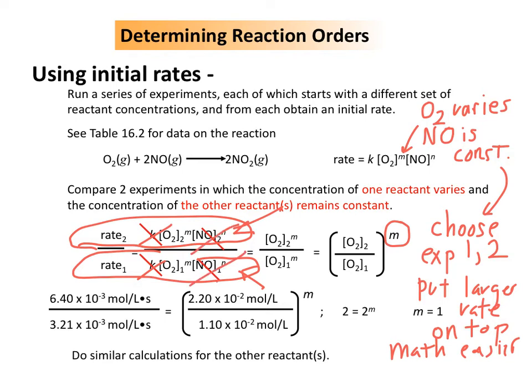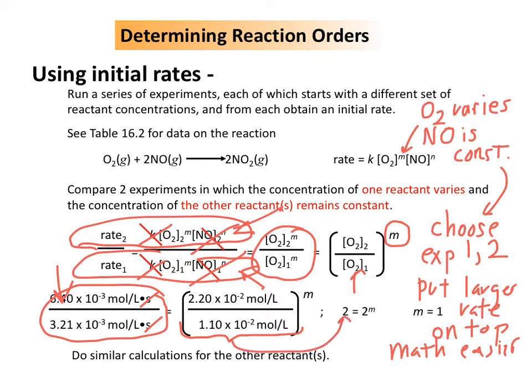And all you're left with is the ratio of the oxygens, which is right here, and then the ratio of the rates. Again, the larger one's on top, so that makes it easier. If you look at units, the time units will cancel, and you'll end up with this value, which becomes 2.